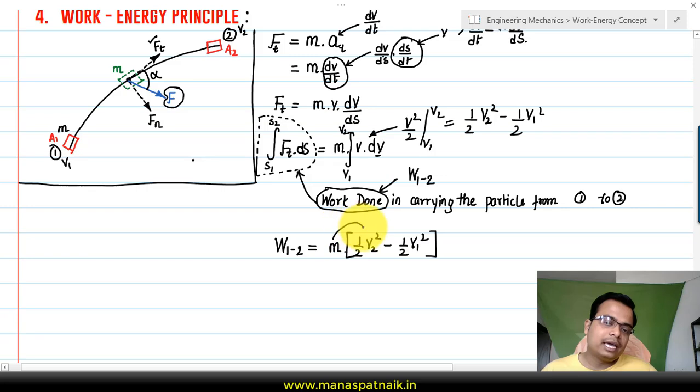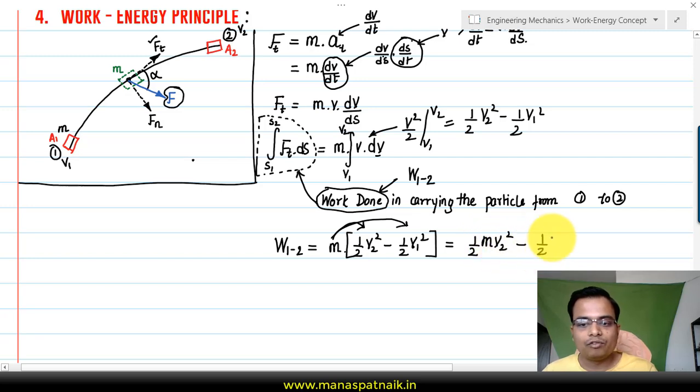And when this m enters inside the bracket, this actually becomes the formula for kinetic energy. This will become the final kinetic energy at position 2, and this will automatically become the initial kinetic energy at position 1. So: half m v2 square minus half m v1 square.